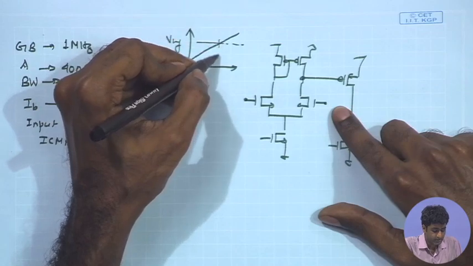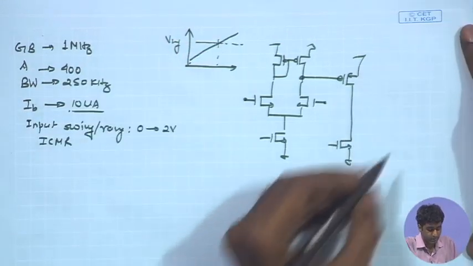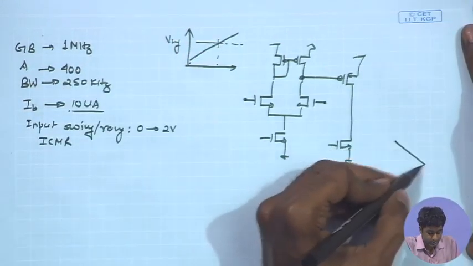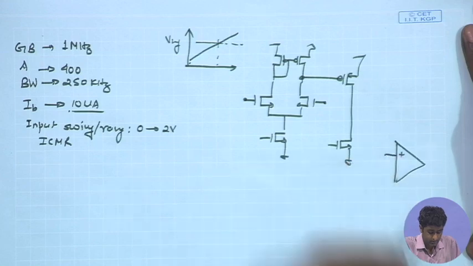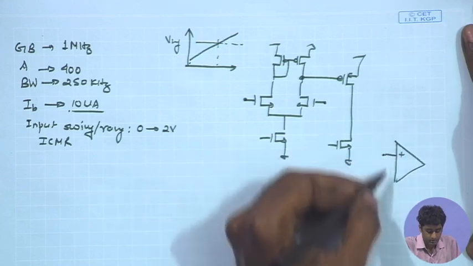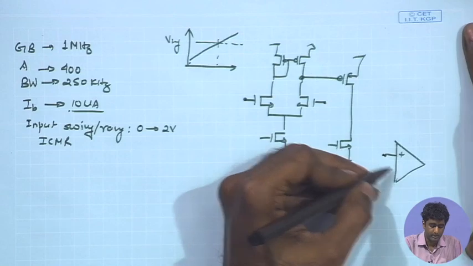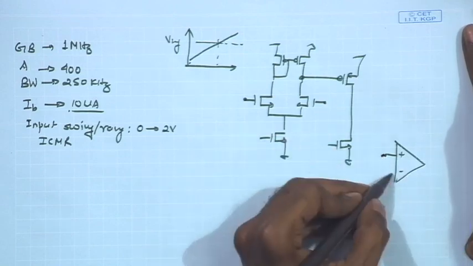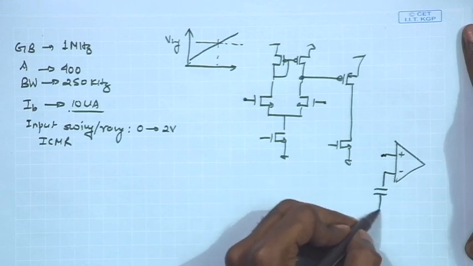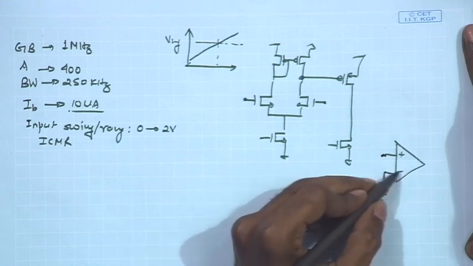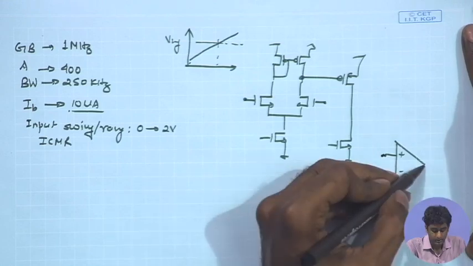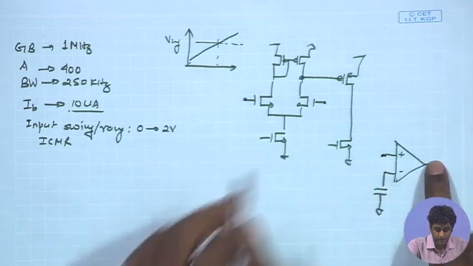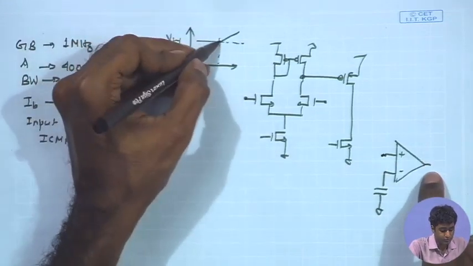This is the point at which the comparator is supposed to make the transition. So, if the polarity is such that you have the sampled input signal coming at the positive terminal, and you have the V ramp or the capacitor voltage ramping up on the negative terminal, then the transition between high to low should happen close to this point.